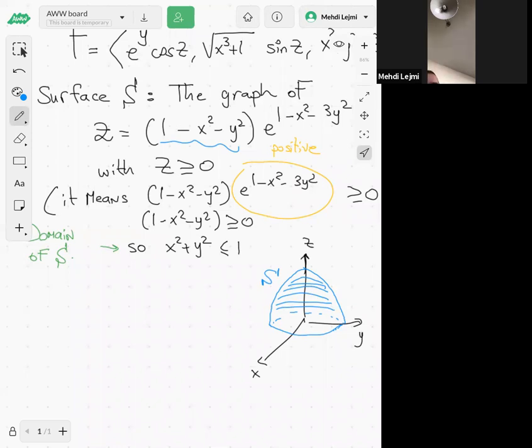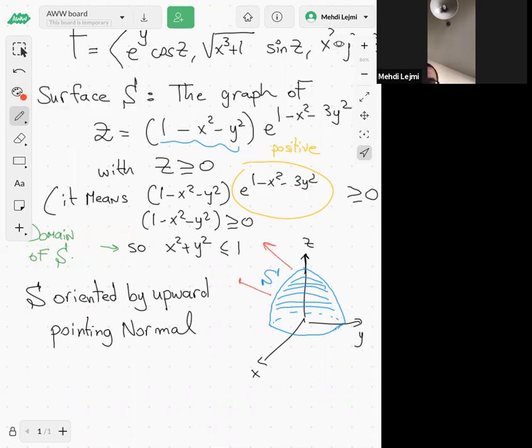Of course, this surface S is oriented by the upward pointing normal. So in other words, here's your normal vector.